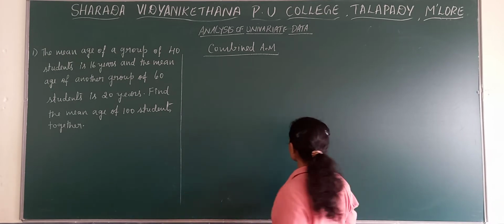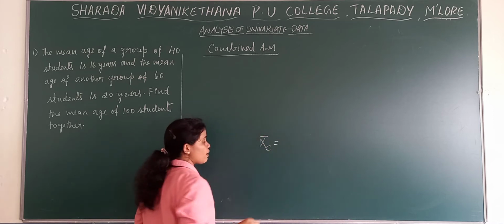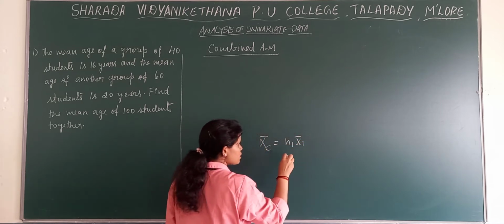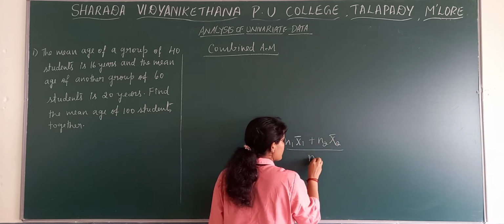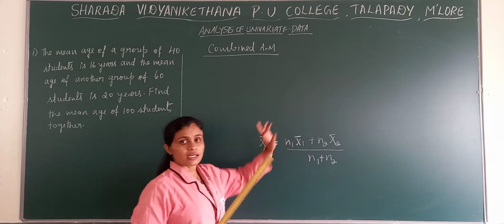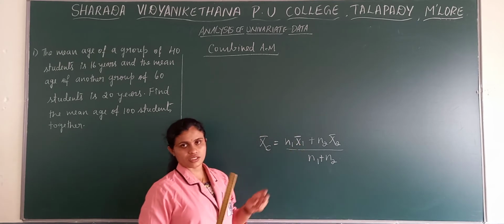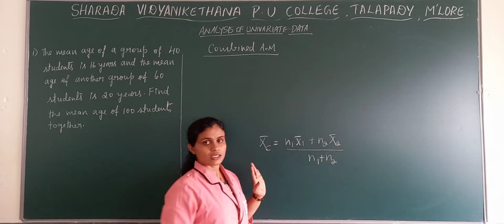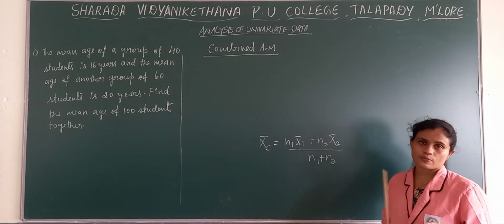Firstly, we will write the formula: x bar c, the combined arithmetic mean, equals n1 into x bar 1 plus n2 into x bar 2, divided by n1 plus n2. Here n1 is the number of observations of the first series, x bar 1 its mean, n2 the number of observations of the other series, and x bar 2 its mean. So we need to find n1, x bar 1, n2, x bar 2.